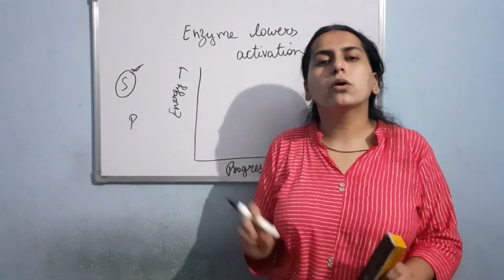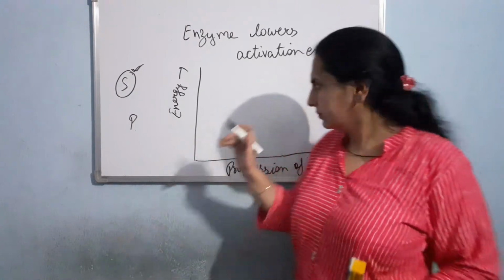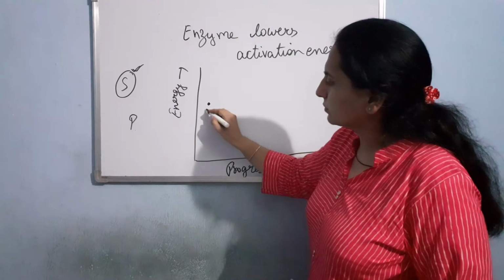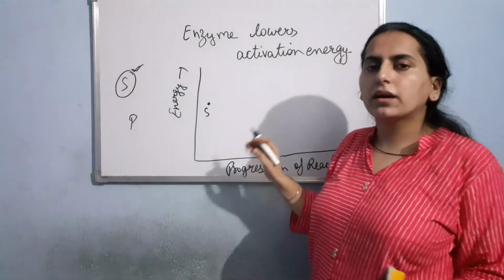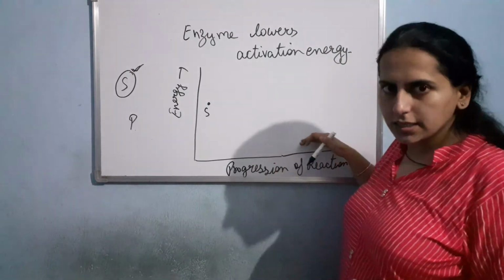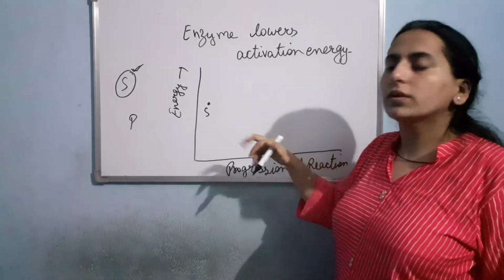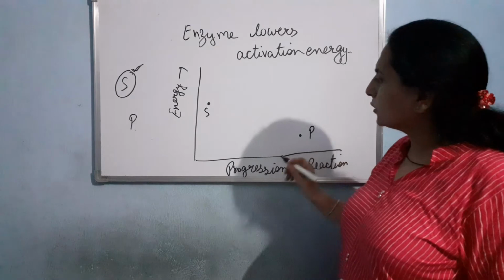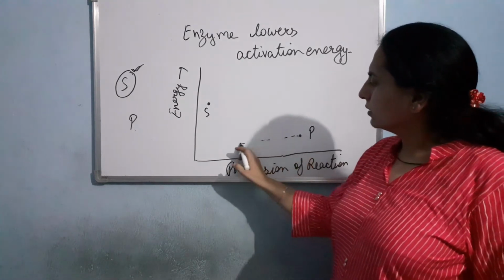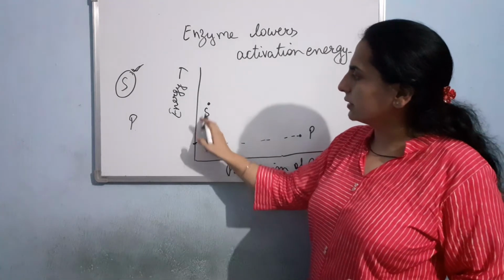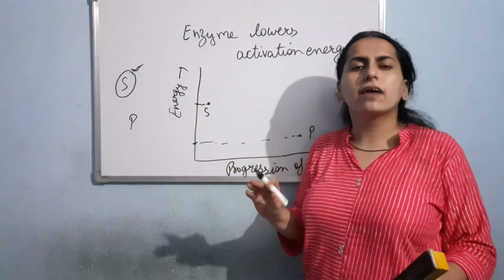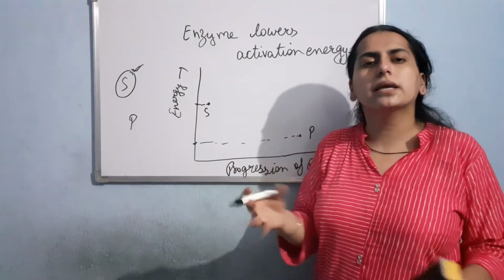I am talking about an exothermic reaction. Suppose here I am having the substrate. It has to be converted into product at the last, but the energy of the product would be lower. I think you can very well understand. This energy is here and this energy is here. The energy of the product is lesser, as I have taken the example of an exothermic reaction.